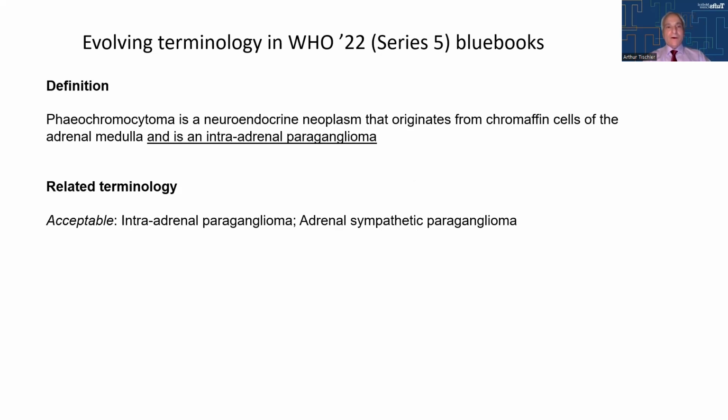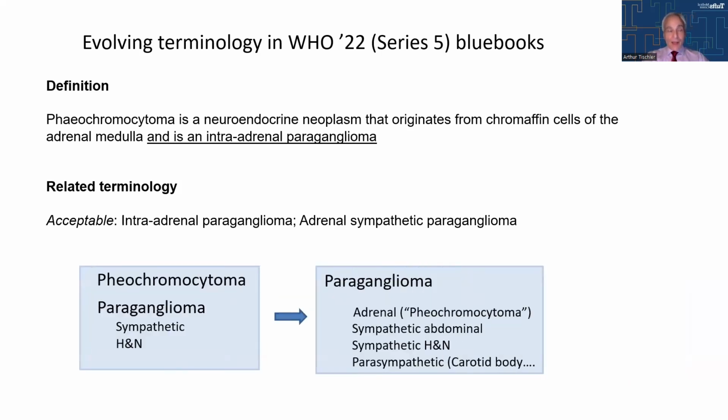So the historical nomenclature thing is gone. It is, in fact, reasonable to think of it as a paraganglioma. And acceptable terminology is intraadrenal paraganglioma or adrenal sympathetic paraganglioma. So while the actual separation of terms still persists, pheochromocytoma is not going to go away anytime soon.